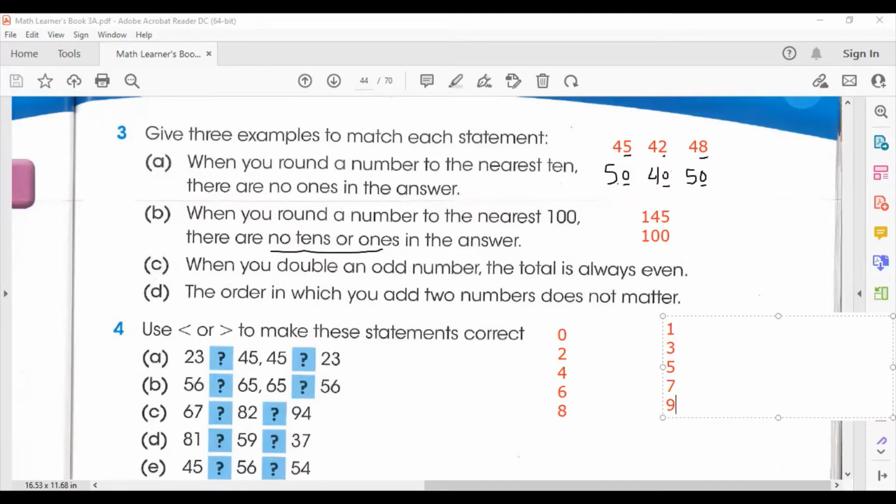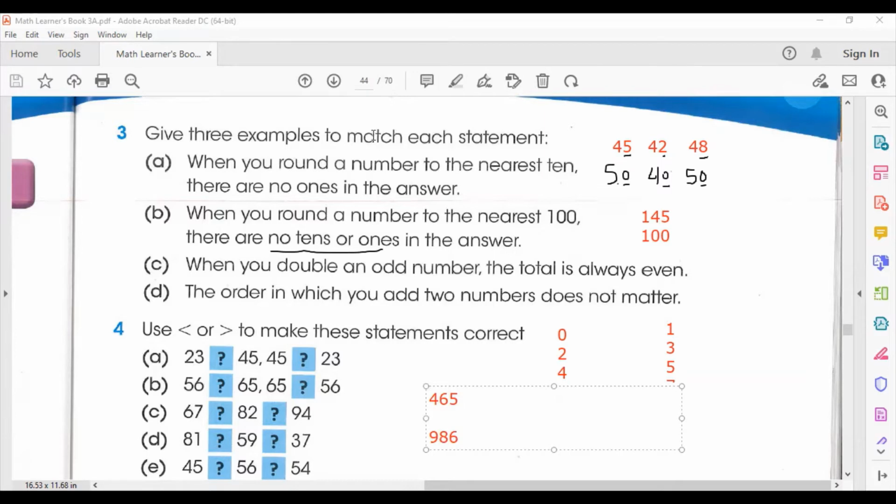5 even numbers, 5 odd numbers. After this, for any number, in tens, in hundreds, in thousands, in 10,000, any bigger number, if we memorize these two lists, it's easy for us to find whether the number is even or odd. For example, I write here 465 and 986.